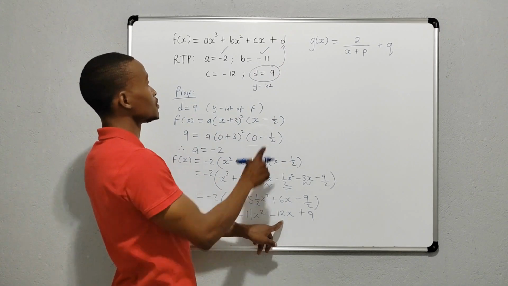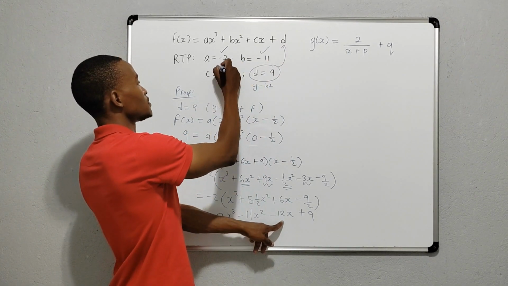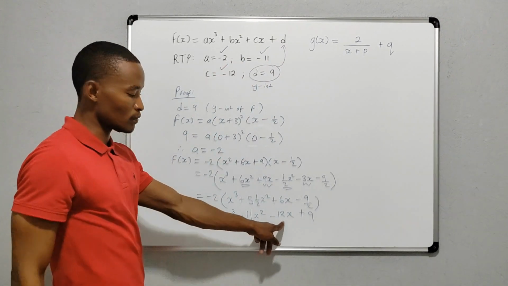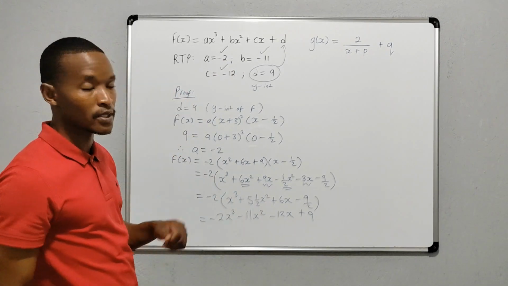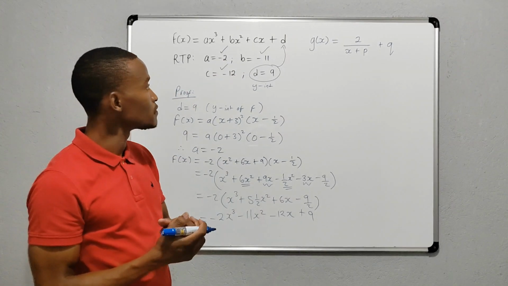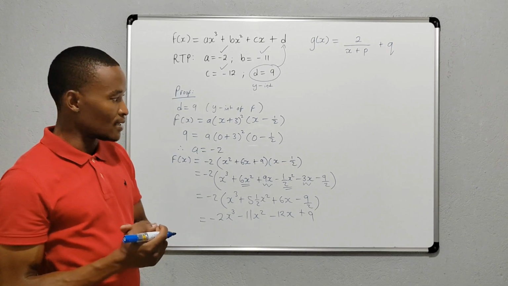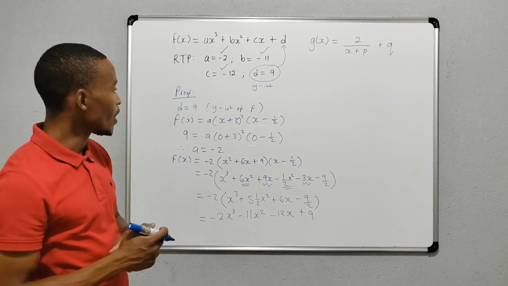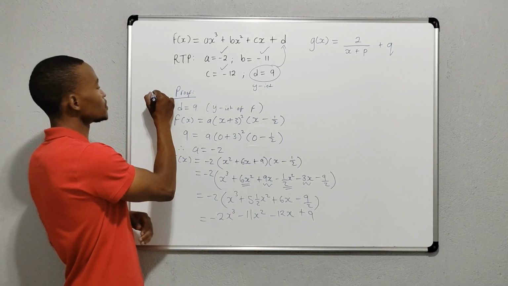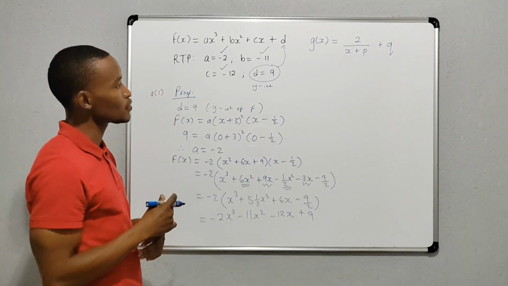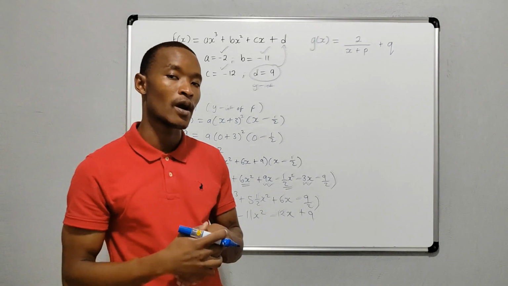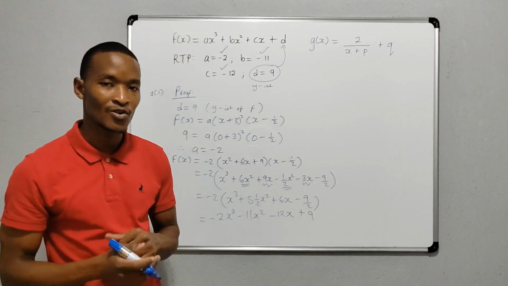You get the c value, it's there, and it's negative 12. So therefore, we have proven that indeed those variables have those particular numerical values. This takes care of A1 of the main question, question 9. Let us go to A2 now and find out what's in store. Take a look.